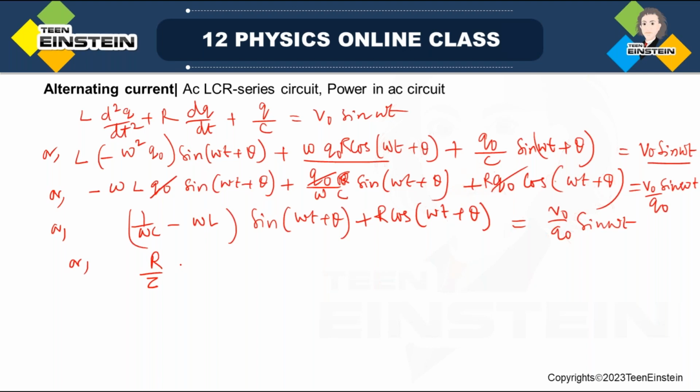So R by Z, I'm writing one thing. I'll be dividing with Z on both sides.